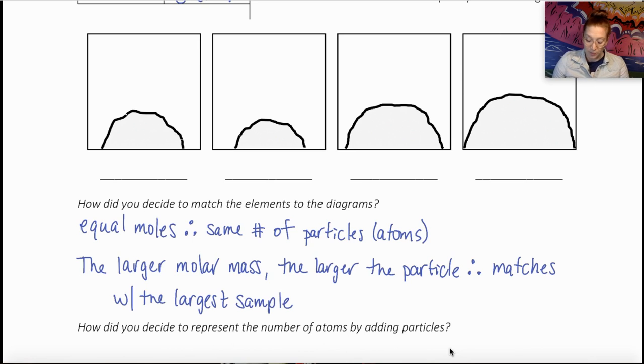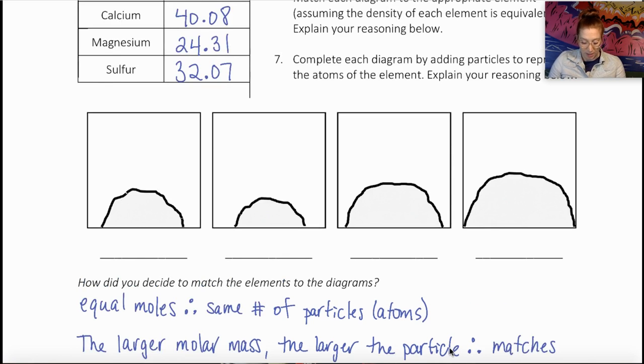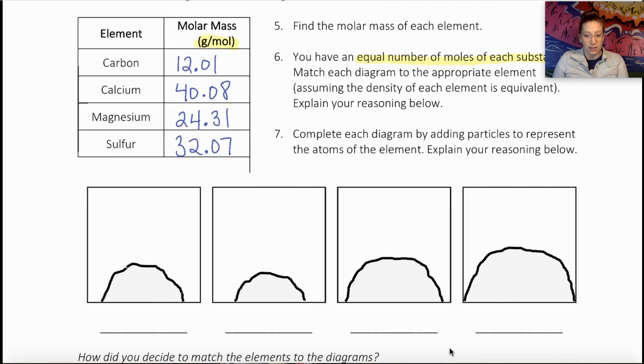If I scroll back up here so I can see my pictures and my masses, we're going to look for these molar masses, and I'm going to rank these from greatest to smallest, since that's what I was just talking about. Greatest mass is calcium, followed by sulfur, followed by magnesium, and then the smallest one is carbon. We're going to match them up that way.